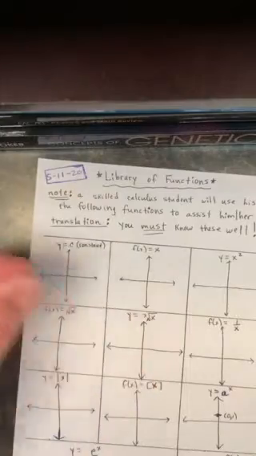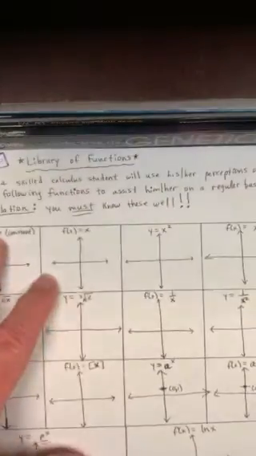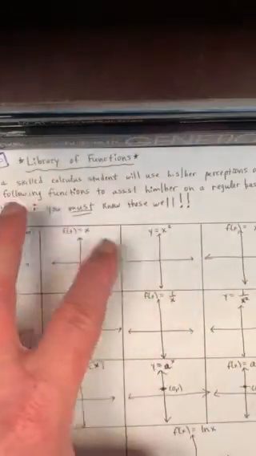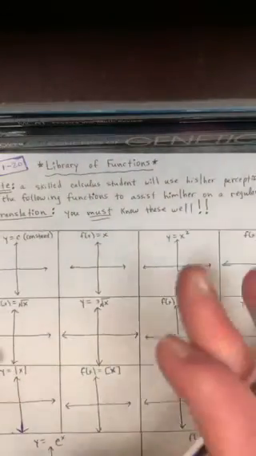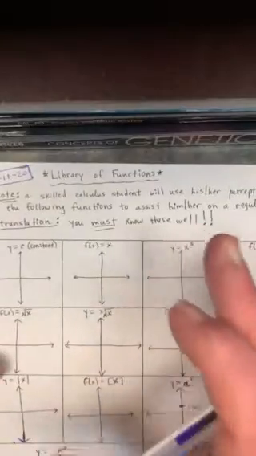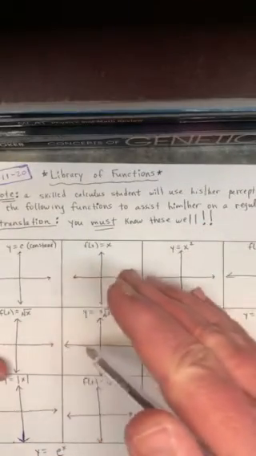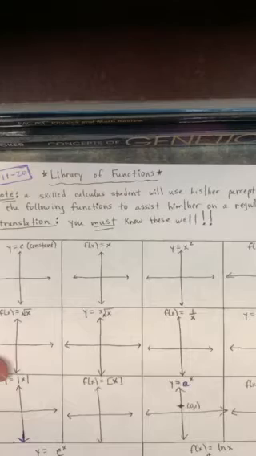And if you can print that out, you will then have a blank copy of these functions that we're about to sketch together that'll serve as our library of functions or as our reference sheet to use as we move forward the next couple of weeks.